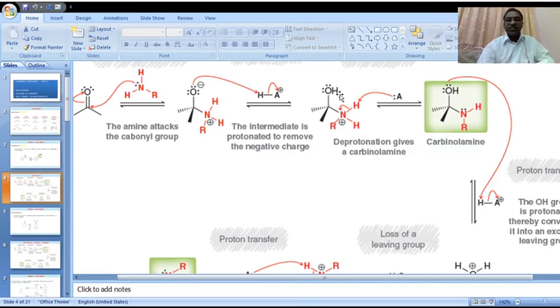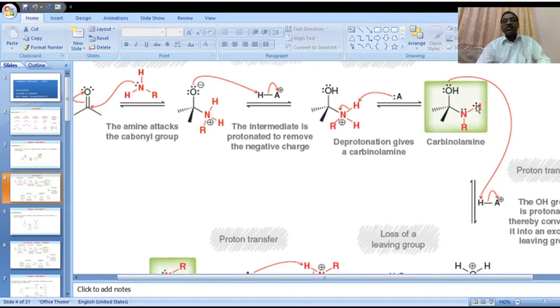Is it clear? Next, deprotonation gives a carbinolamine. The A minus ion abstracts hydrogen from the RNH2 primary amine side. Deprotonation gives the carbinolamine. Is it clear?